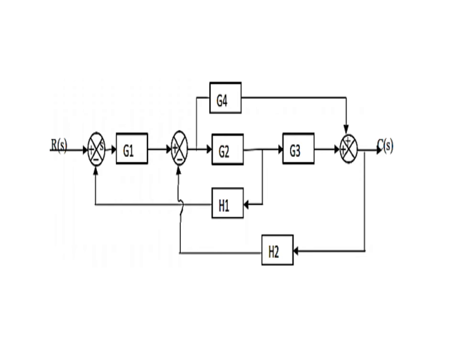So if you move before G2, further reduction is also very simple. So I can move this H1 before G2. When I am moving H1 before G2, I have to include a block consisting of G2, because in the actual system, while I am taking H1, the effect of G2 is there, but when I move this takeoff point before G2, the effect of G2 is not there.